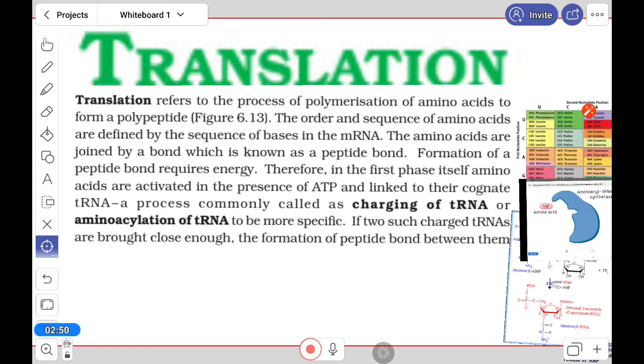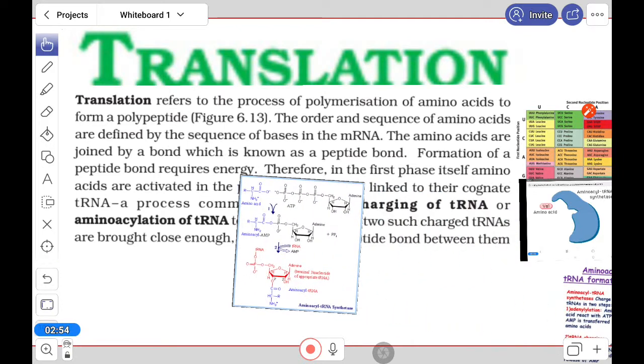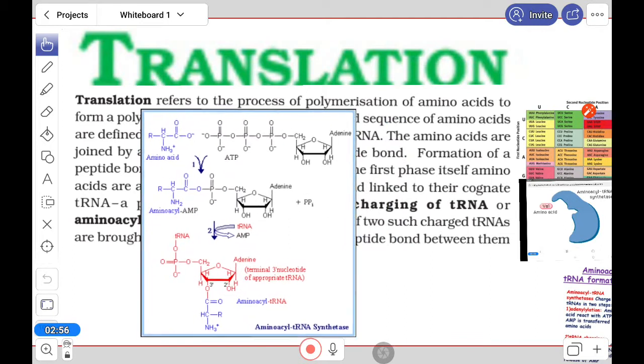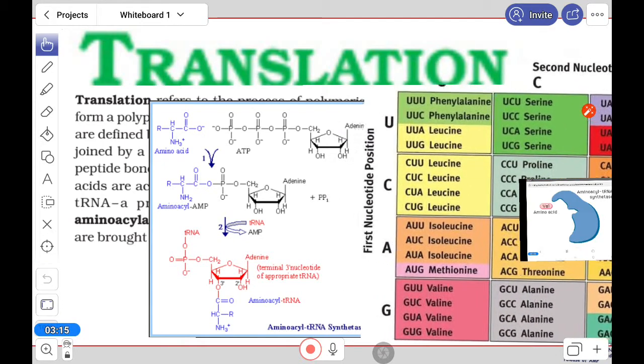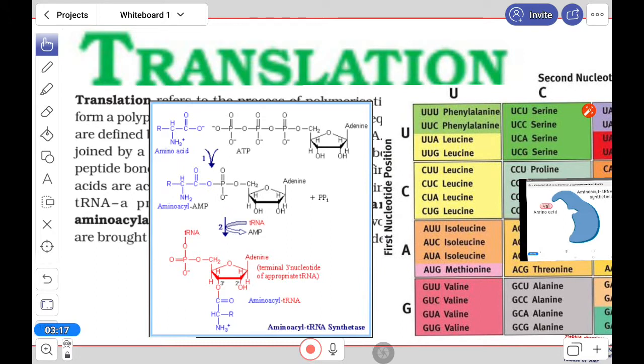So we can see this tRNA structure. In this tRNA, here will be the amino acid. Any of the amino acids will be here.